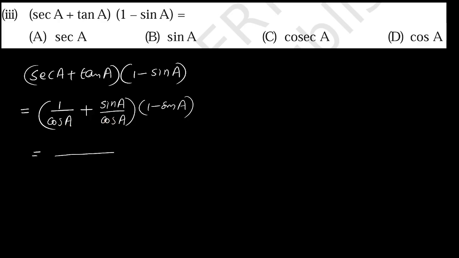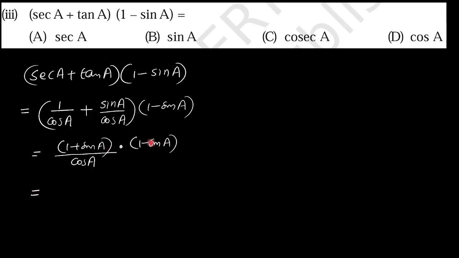So the common denominator cos A is written. Just adding the numerator, 1 plus sin A, into 1 minus sin A.